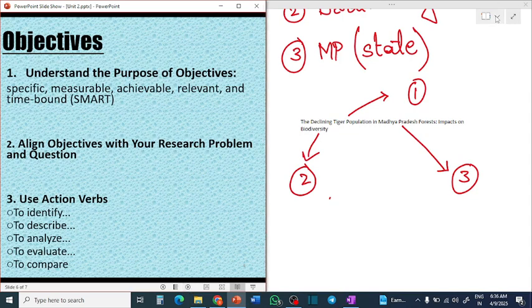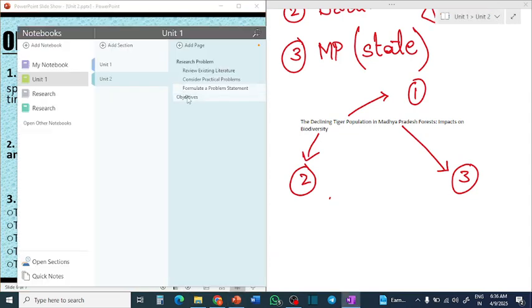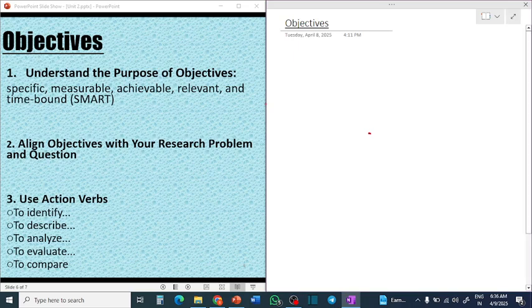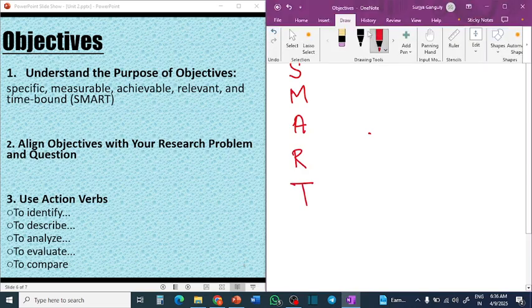Now we will go on to the objectives. The objective is very easy. Objective means the reason why you are doing this research. What will be the outcome of this research? So for objectives, you have to remember the mnemonic SMART.